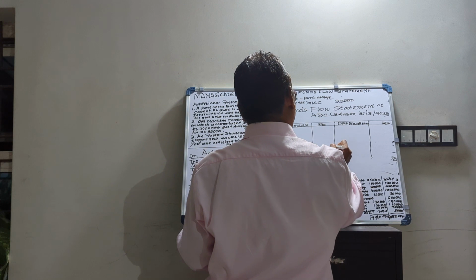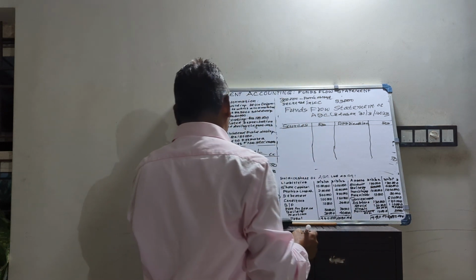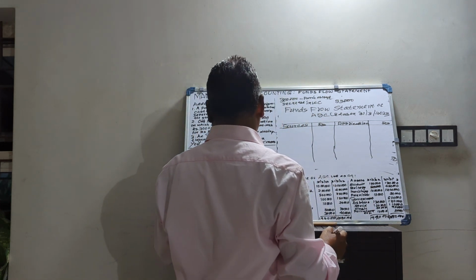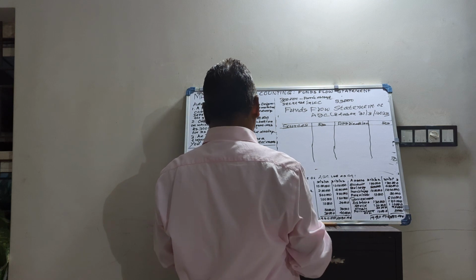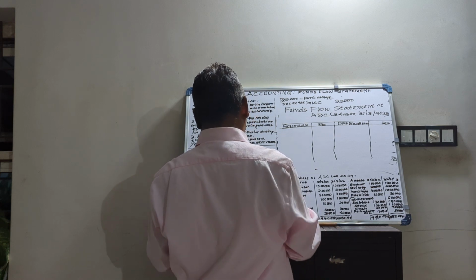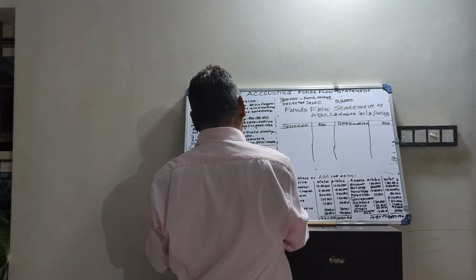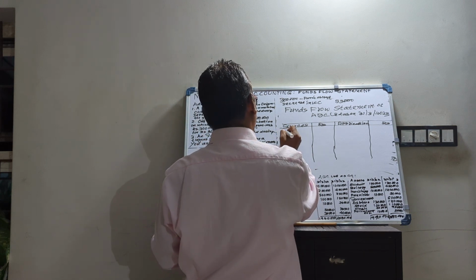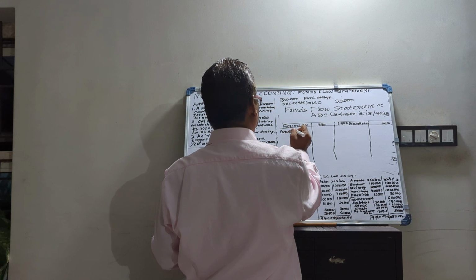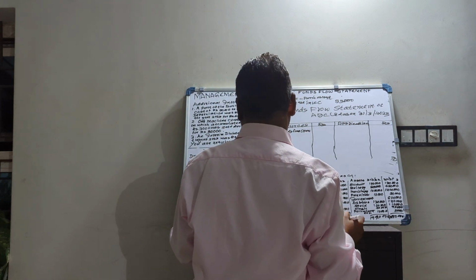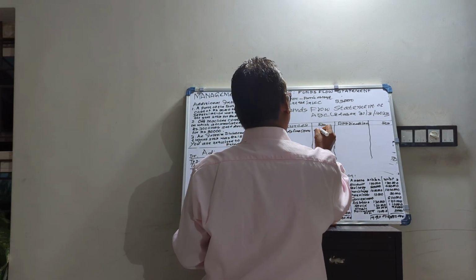We will write them one by one. So we got funds from operation, that is a source. How much? It is 4,15,000.